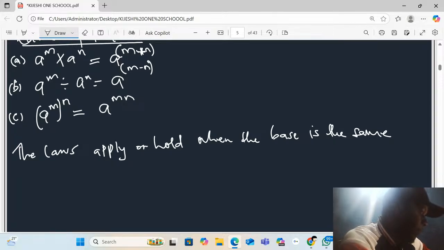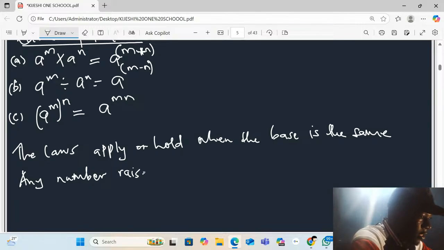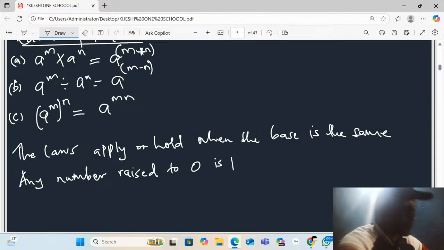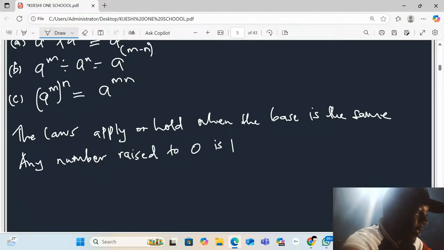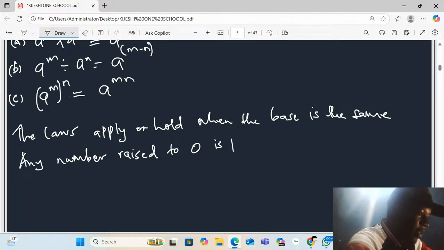Another thing that you are supposed to know is that any number that is raised to 0 is 1. Any number that you're going to raise it to 0, your answer is going to be 1. That means a raised to 0 is equal to 1.